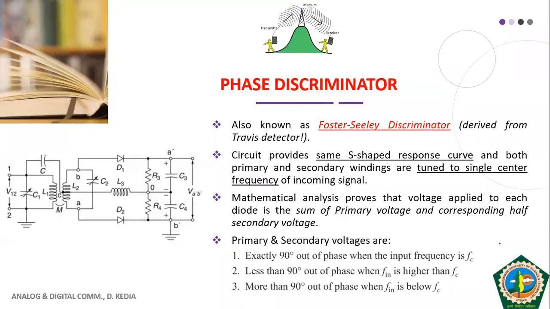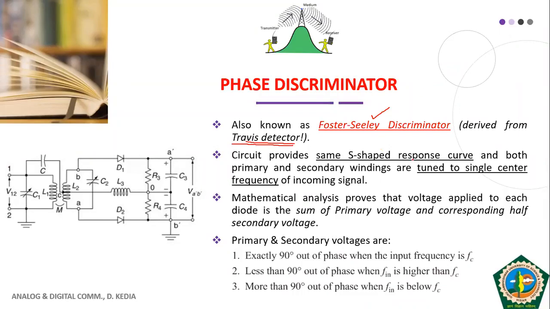This phase discriminator circuit is also known as the Foster-Seeley discriminator. And this circuit has been derived from nowhere else but your Travis detector, the circuit that we discussed in the last few minutes.